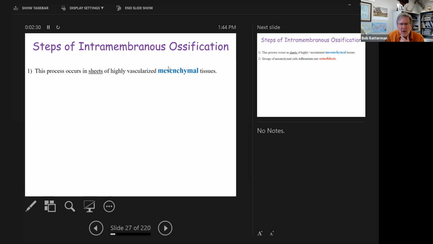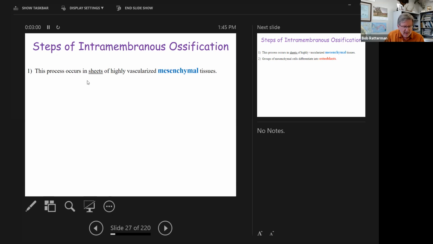What that word kind of means is this is a type of embryonic tissue. You have to take embryology to really get into this, and I'm not going to go into embryology because that's a complicated topic. What does vascularized mean? Anybody know? It's blood going to it. Right, it's got a lot of blood vessels, capillaries. It's got a rich blood supply.